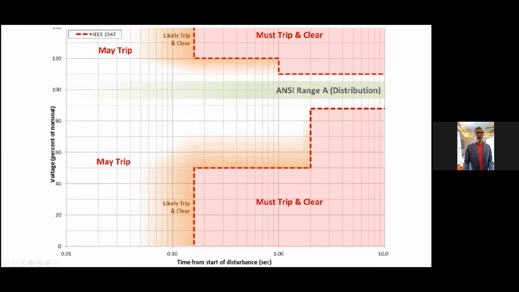Don't ever trip offline. However, if grid voltage starts to get weird, if it drops down to 80% of normal, so you're talking maybe 90 volts at your circuit, trip after, and this is a logarithmic scale, 2 seconds.